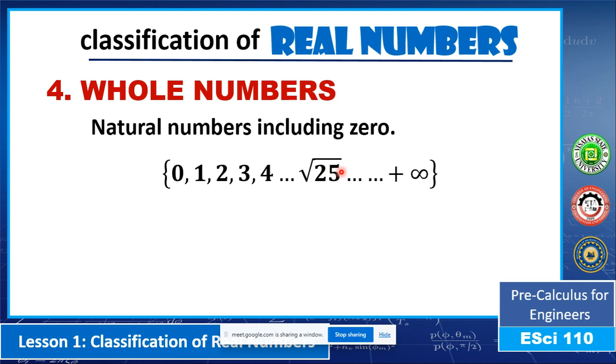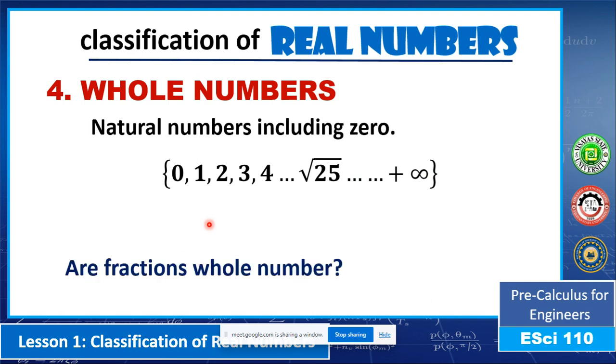In math you have many options to get the answer, so you have different ways. For me, only the positive 5 can be considered a whole number. So when you answer this, you will write square root of 25 only as 5, the positive 5 value. The negative 5 is not allowed. And then up to infinity. So this is our whole numbers, including 0, natural numbers and 0.